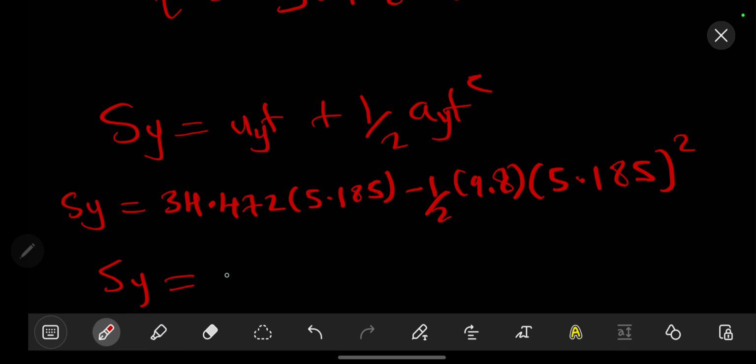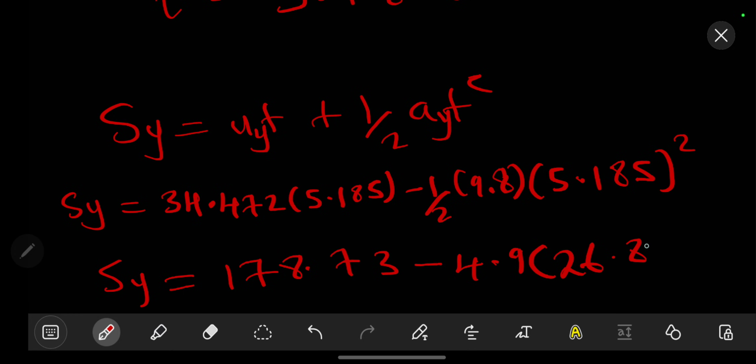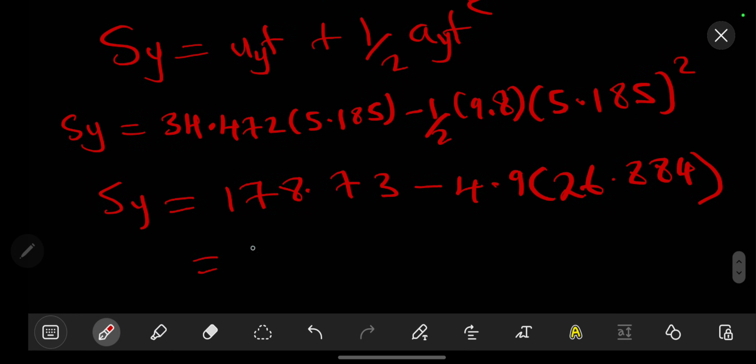This is going to give us 178.73. We subtract half times 9.8, which is going to give us 4.9. Then 5.185 squared will give us a value of 26.884.